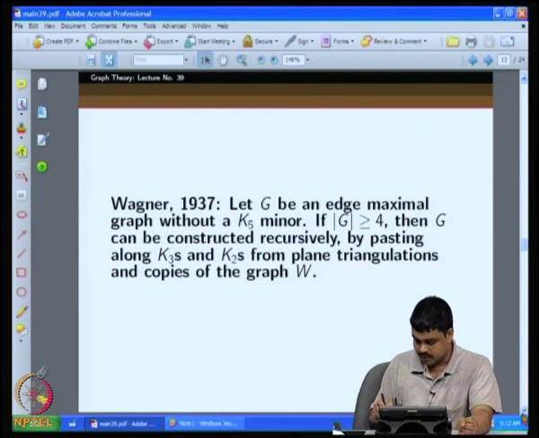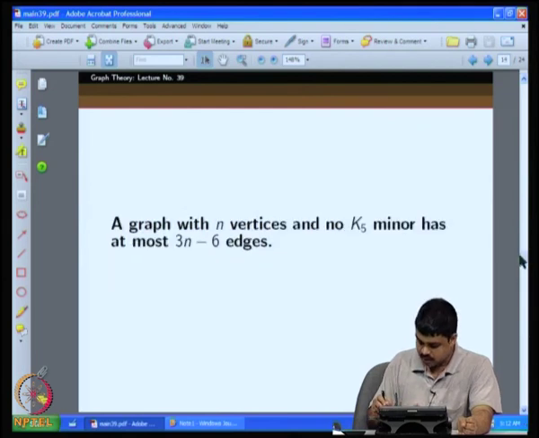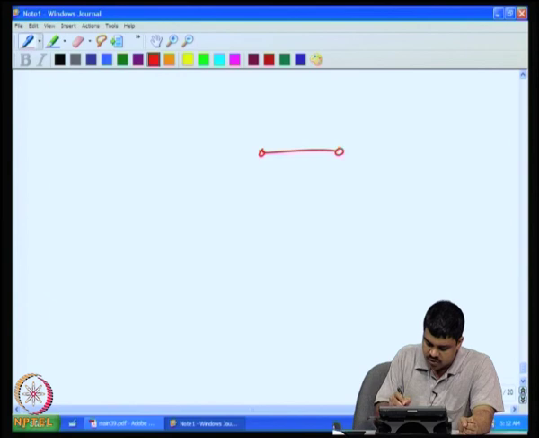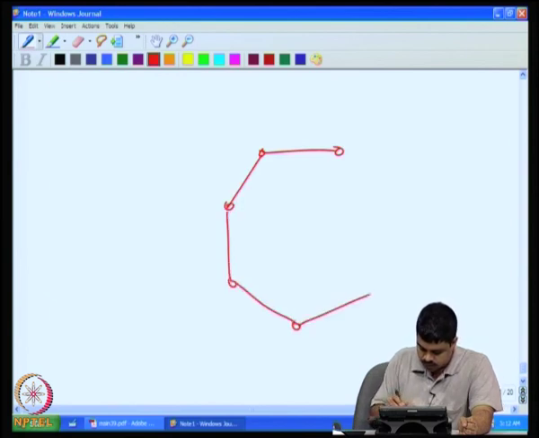What is this graph W? This graph W is a special graph, an 8 vertex graph, with vertices 1 2 3 4 and 5 6 7 8.